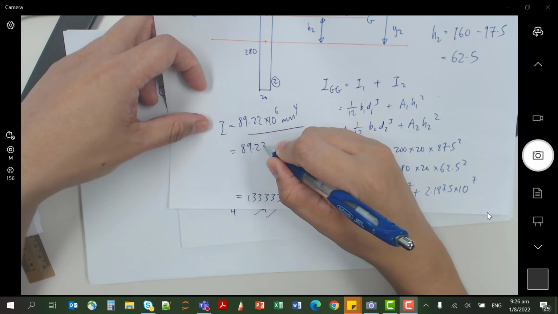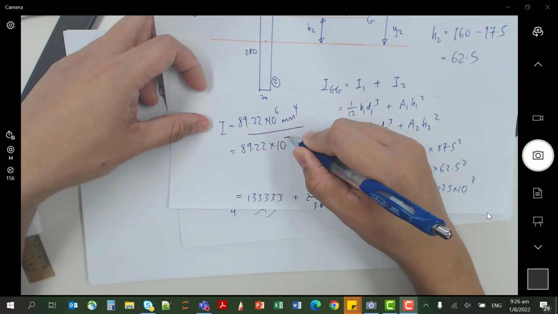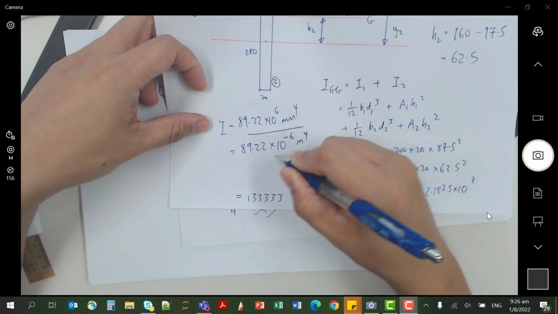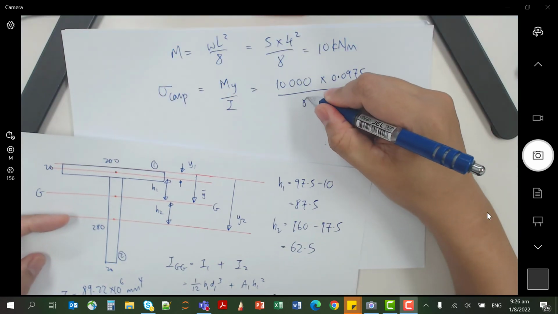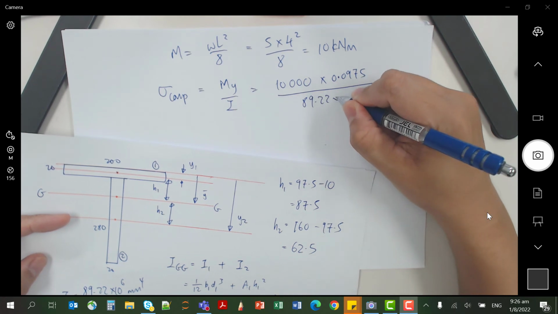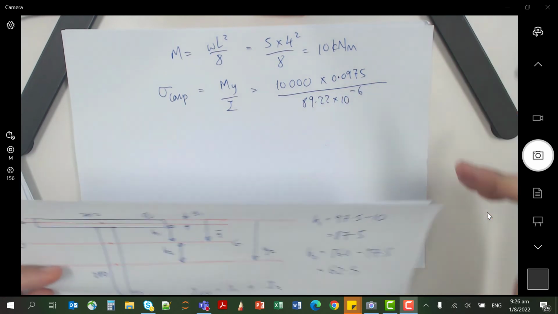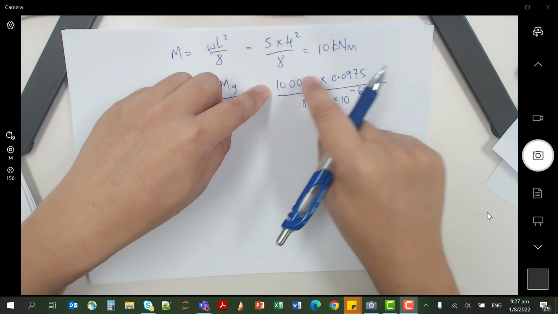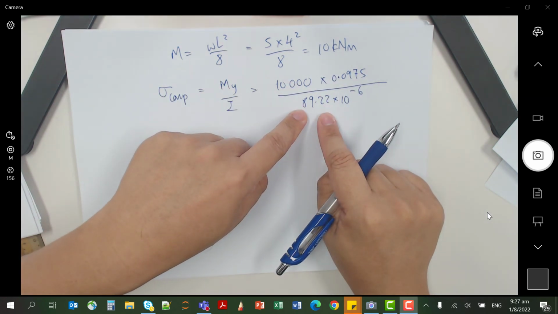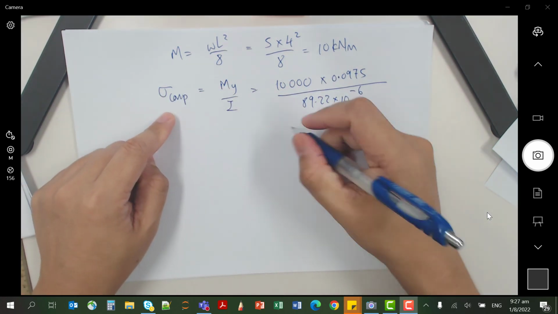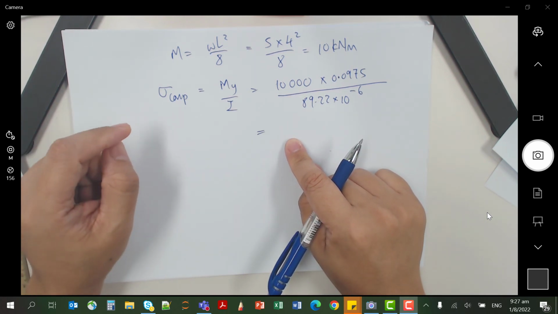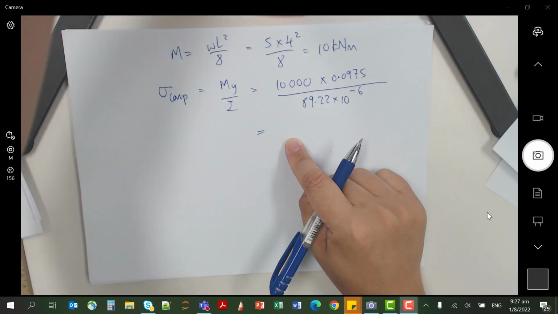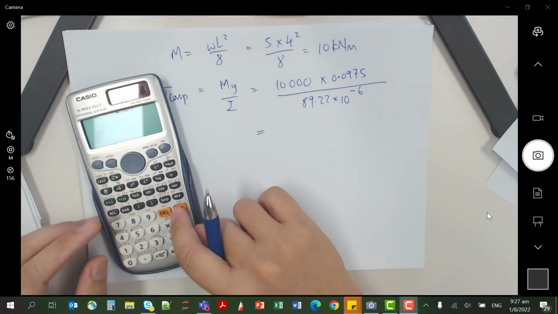So after conversion, it will be 89.22 times 10 to the power of minus 6 meter 4. Once you use SI units for all the terms, the stress that you derive will be in Pascal, also an SI unit.